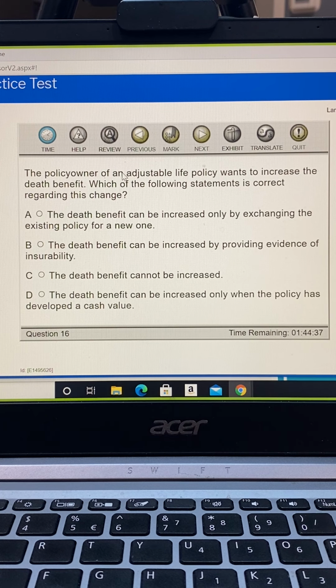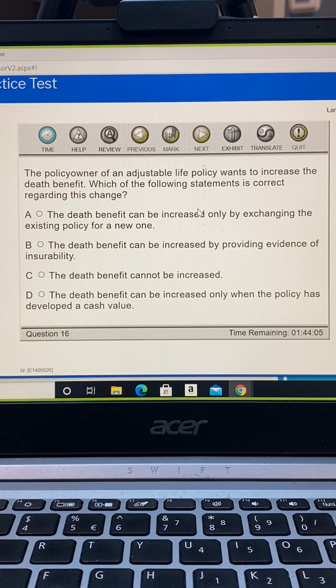The policy owner of an adjustable life policy wants to increase the death benefit. Which of the following statements is correct regarding this change? You know what it is?